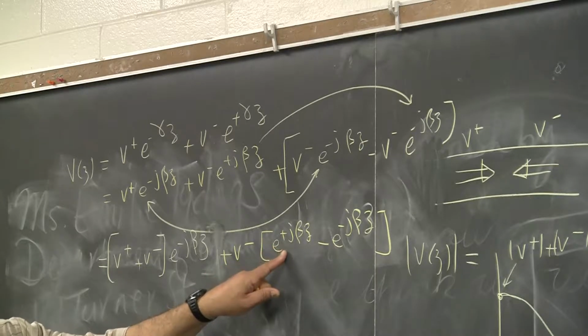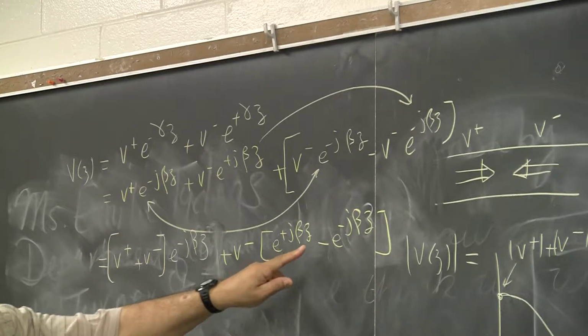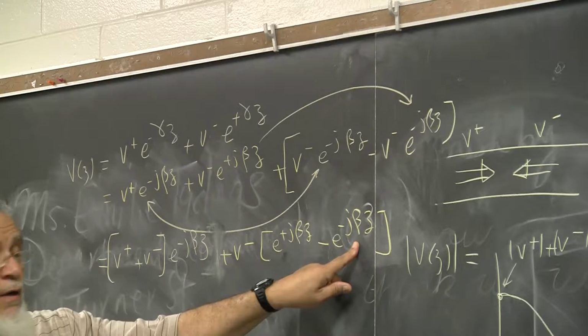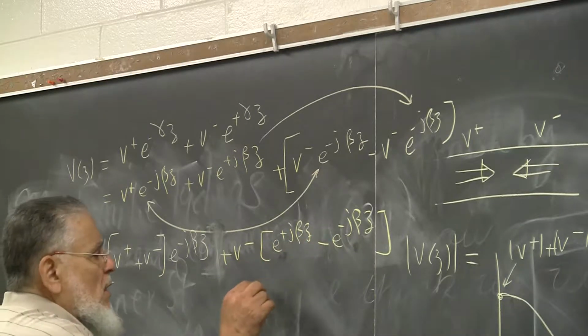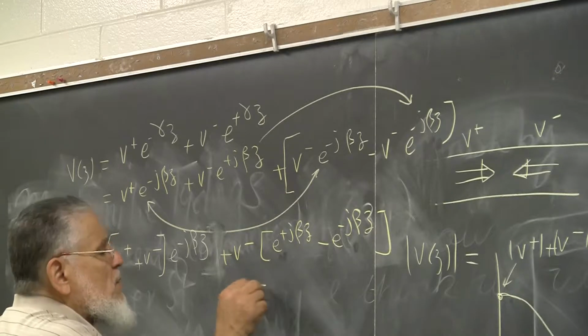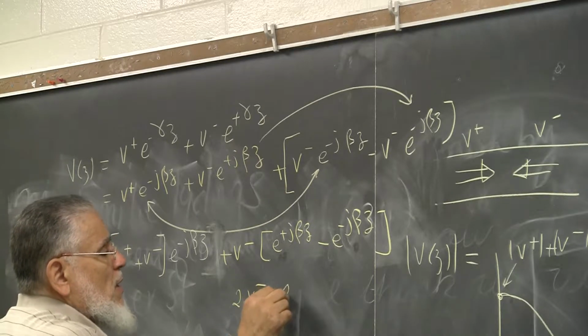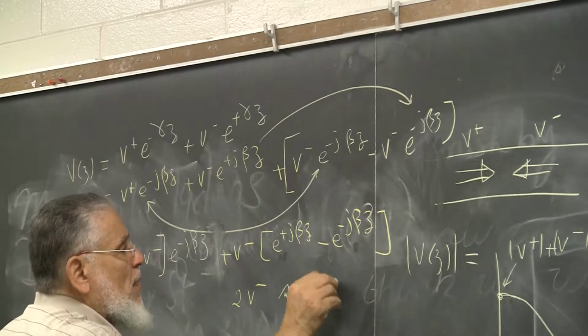Now this one here is cosine beta z minus j sine beta z, or plus j sine beta z, and this one here is cosine minus j sine. So this comes out to be 2v minus sine beta z, right?